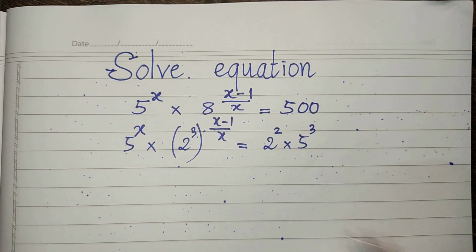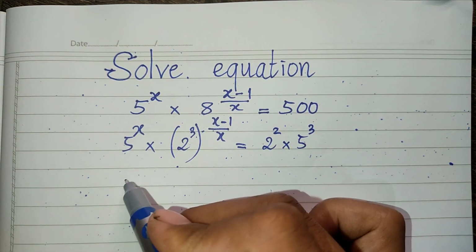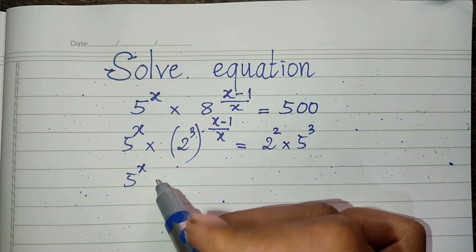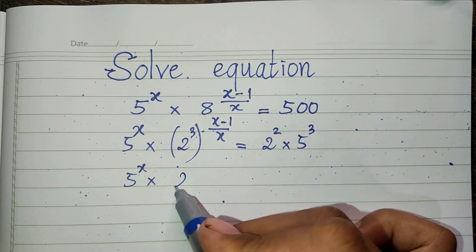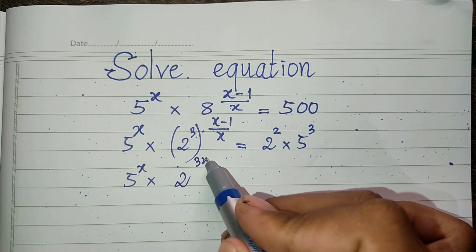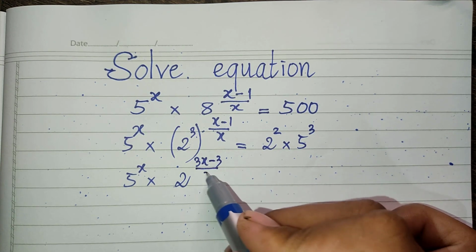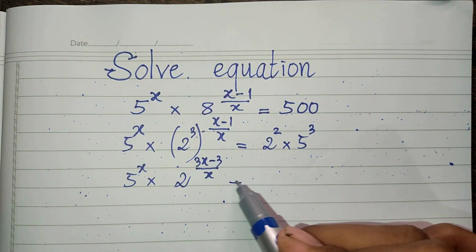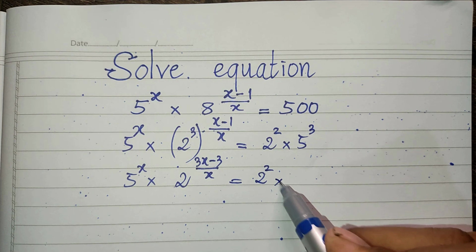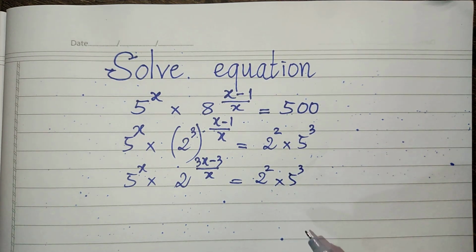So I can write 5 power h multiplied by 2 power (3h minus 3) divided by h equals 2 squared multiplied by 5 power 3.